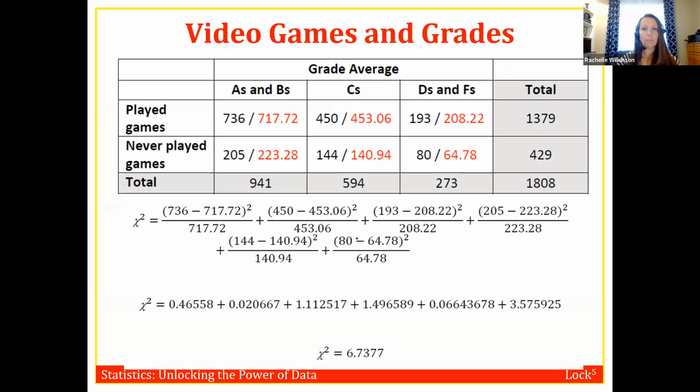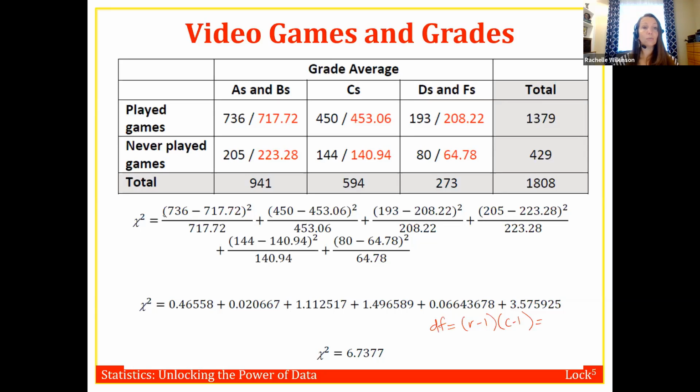So looking back here at our table, we can figure a couple things out here. First of all, degrees of freedom, we said were equal to number of rows minus 1 times number of columns minus 1. So how many rows are in this table? What is R equal to? You might remember at the beginning of class when we talked about how to count how many rows there were, it's the same as the number of options for that categorical variable. So how many options were there for played video games? 2, exactly.